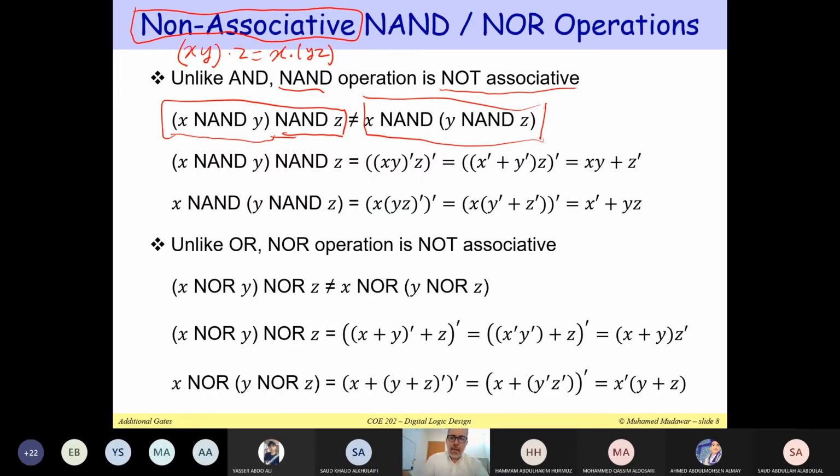So, for example, if I would like to draw a circuit like this, let us say a NAND gate. This is X, this is Y. The output will be X NAND Y. And then I take here NAND Z. Okay, so this will be my first circuit.